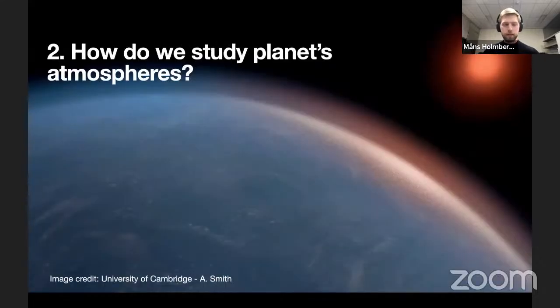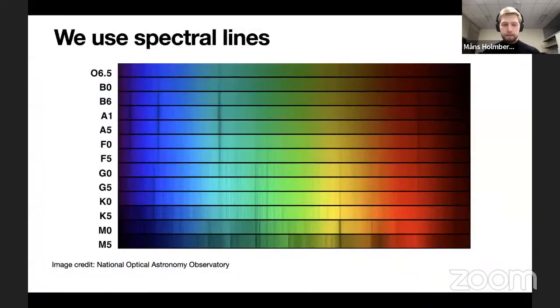But how do we do this? How do we study the atmospheres of exoplanets? Well, as I mentioned before, we use spectral lines. Spectral lines are essential. They are the chemical footprints that we use to categorize what atoms and molecules exist in the universe. That is one of our best tools that we have.